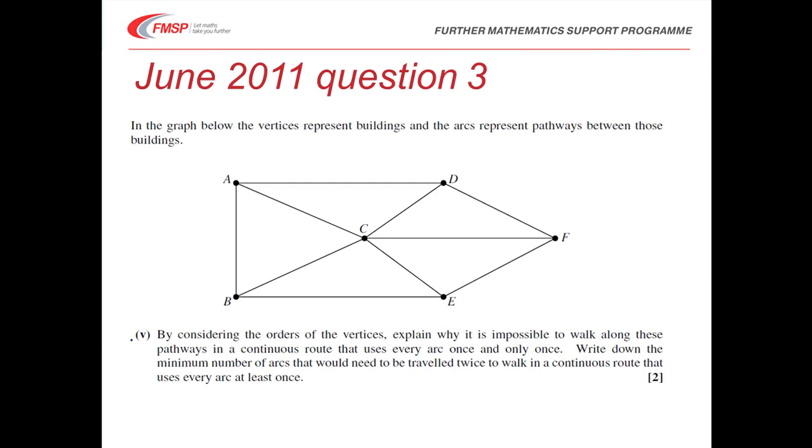And write down the minimum number of arcs that would need to be travelled twice to walk in a continuous route that uses every arc at least once. So as I say, it is a very long question, and it's bringing in most of those points that we looked at in the specifications.